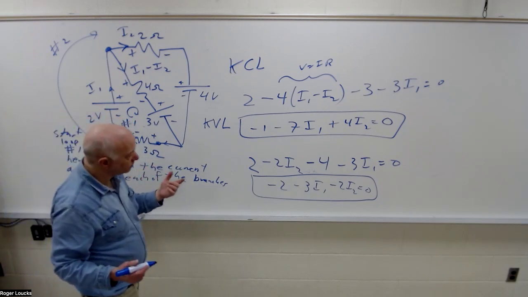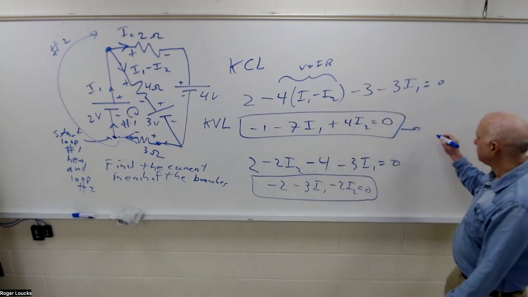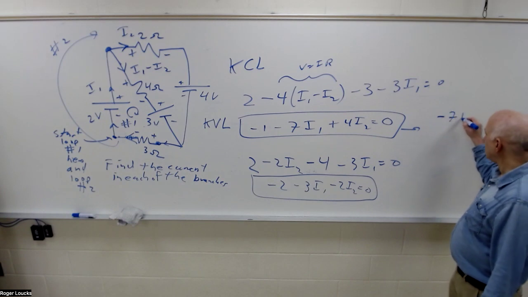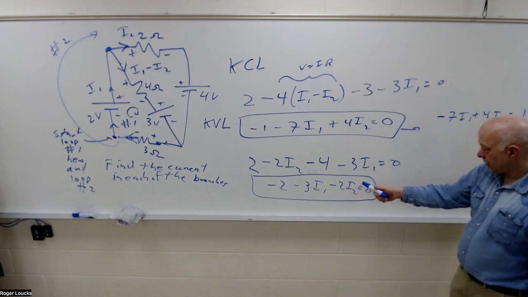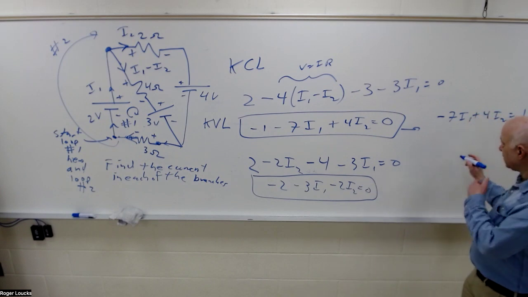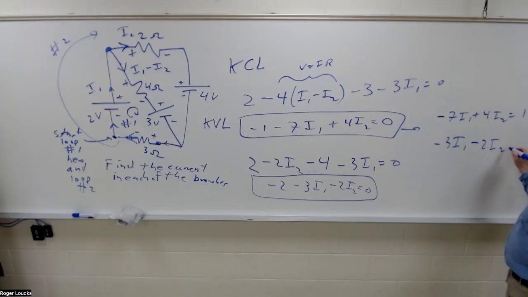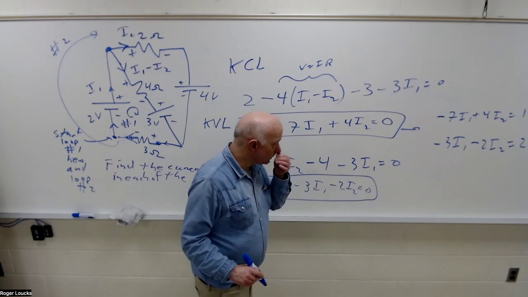Okay, so let's just solve these here. I'm going to take the one over here, so this is minus 7I1 plus 4I2 equals 1. I'll take the 2 over on this side as well, so I get minus 3I1 plus 2I2 equaling 2. And what would I probably do?